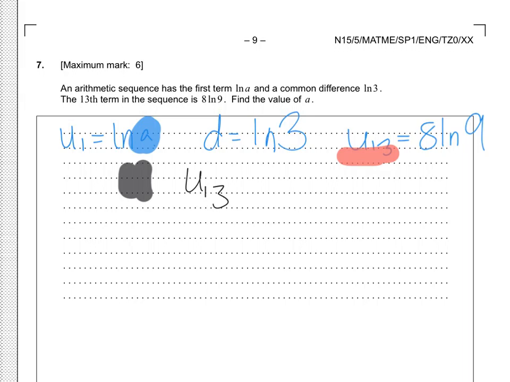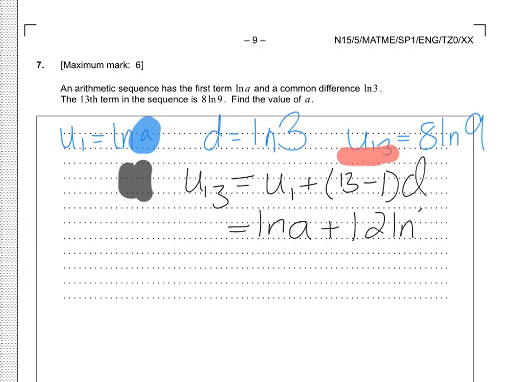U13 is equal to U1 plus (13 minus 1) d. U1 we know is ln A. 13 minus 1 is 12. d we know is ln 3. And we know that U13 itself is equal to 8 ln 9.